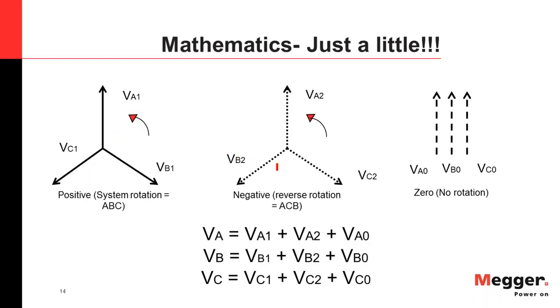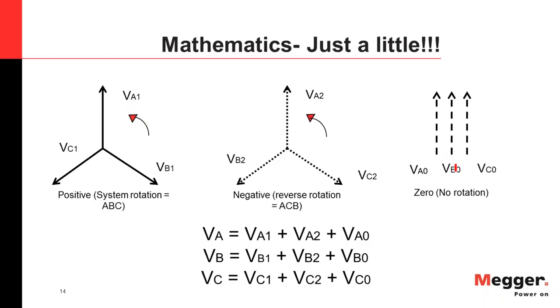On the other hand, my negative sequence is a positive sequence with reverse rotation, which means if I have a system rotation of ABC, my negative sequence vector will be ACB. But they are all equal in magnitude, as I said.